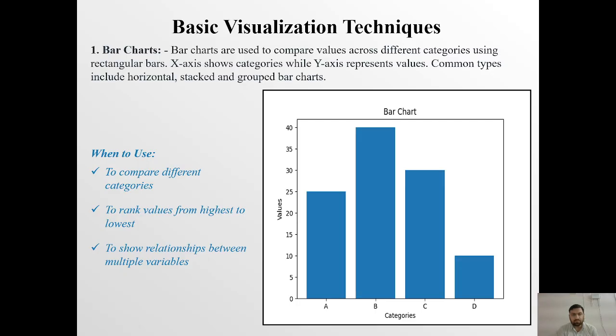Common types include vertical or horizontal, stacked and grouped bar charts. Use them to compare different categories, to rank values from highest to lowest, and to show relationships between multiple variables.